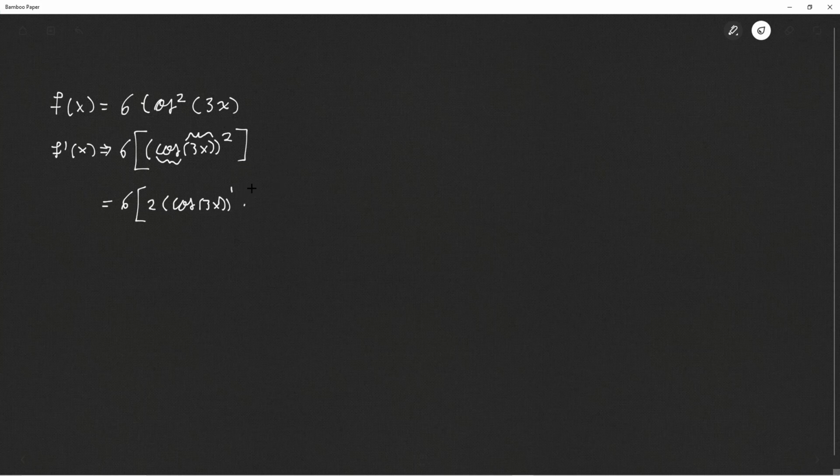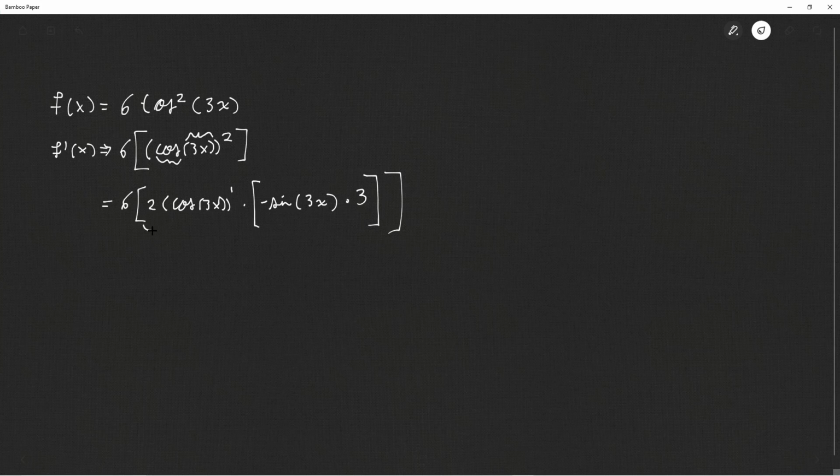So to make this easier, I'll block it off, and then the derivative of cosine turns to negative sine, and that's the derivative of the outside function. Now we keep the inside function the same, and multiply again by the derivative of our inside function, which is 3x. So we'll just multiply it by 3, and then add our brackets back.